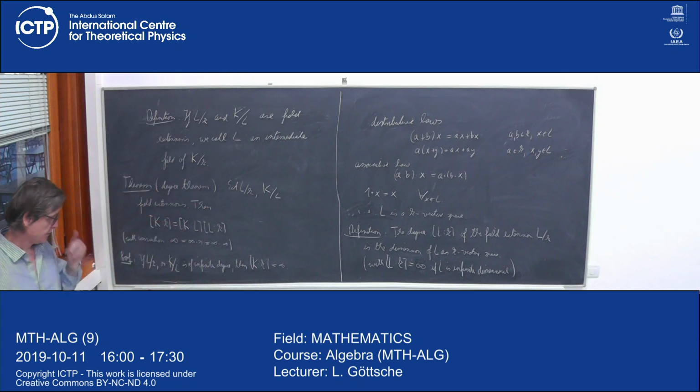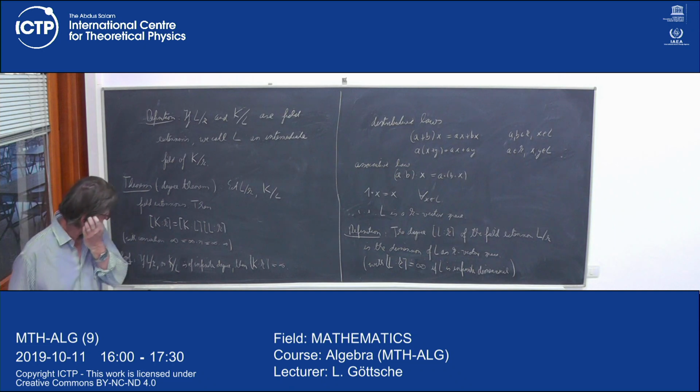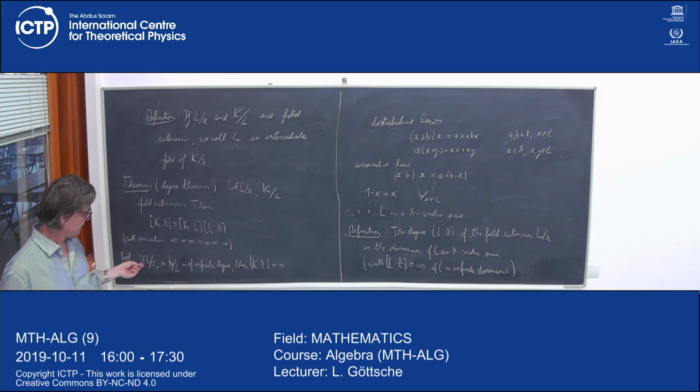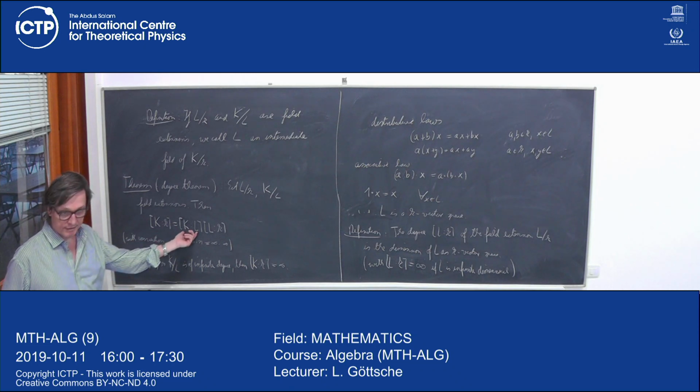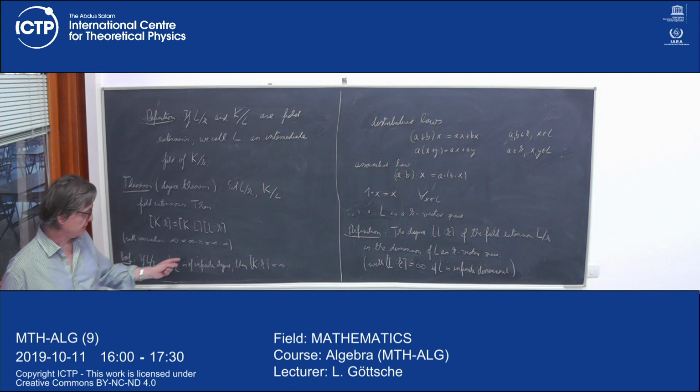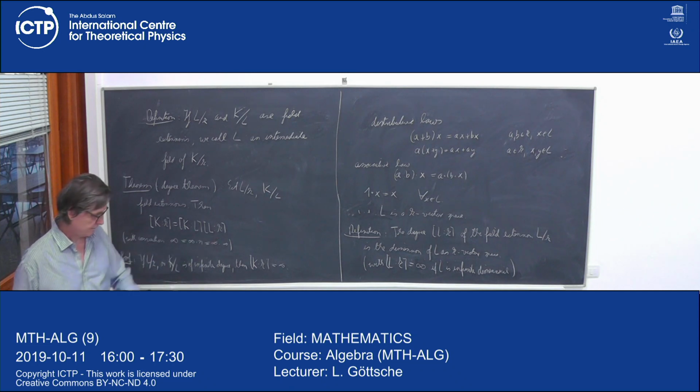I mean, it's almost directly from the definition, because for instance, if this degree is infinite, that means there's no finite basis of large K over L, but k is even smaller, so there can be no finite basis here, and in a similar way the other way round.